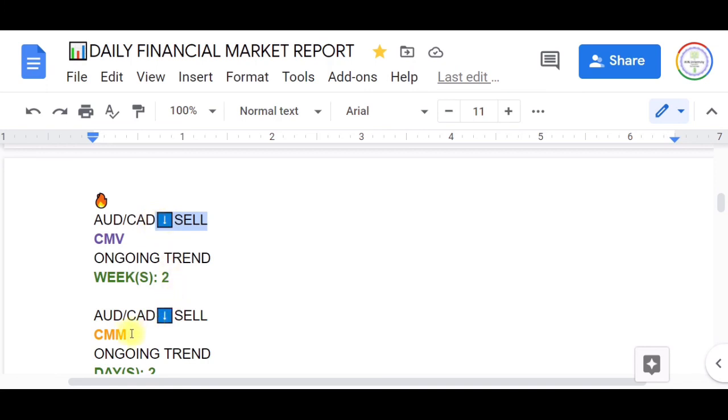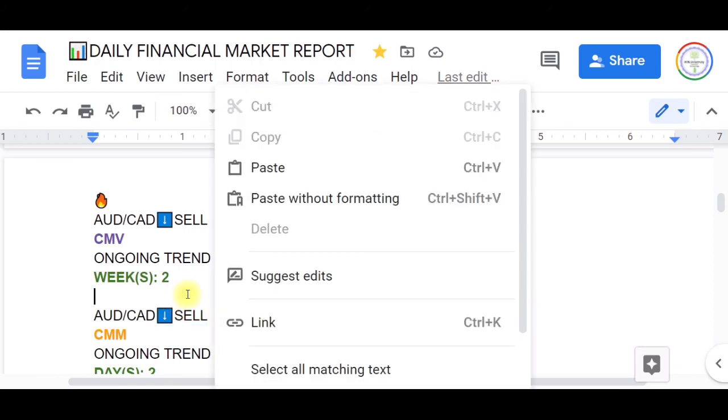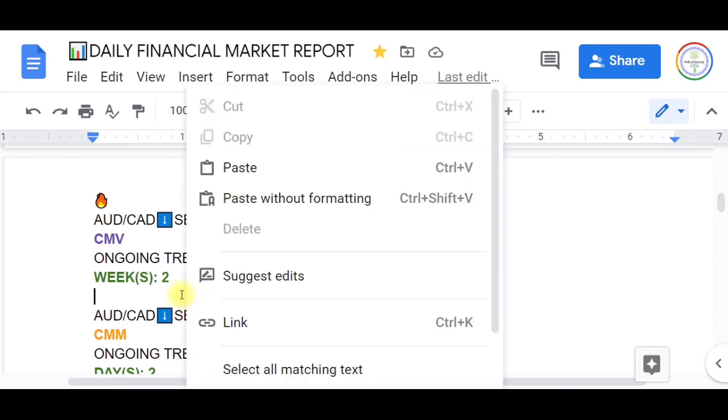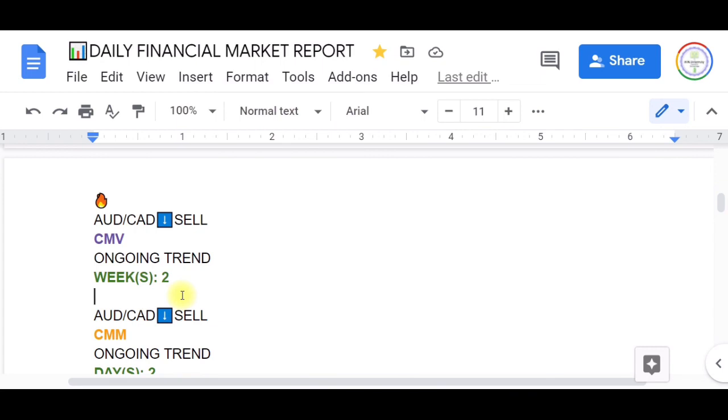That means they're both aligned. Alignment is a very critical aspect of this strategy. It helps us understand what's going on with the whole market and also what's going on with that asset. And it really will help you profit if you can utilize the alignments properly. So that's what we do here. We put the fire symbol on these assets to let you know that they are perfectly aligned.